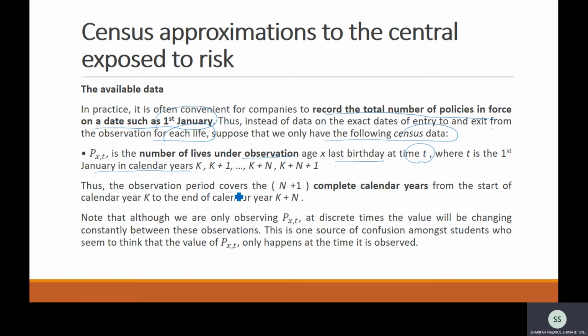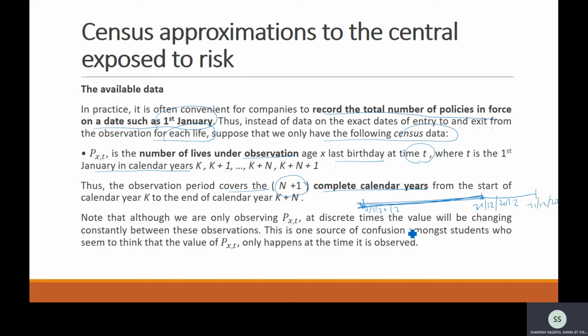The observation period covers N plus 1 complete calendar years, from the start of calendar year K to the end of calendar year K plus N. A complete year means you consider 1st January 2012 until 31st December 2012. This is one complete calendar year.